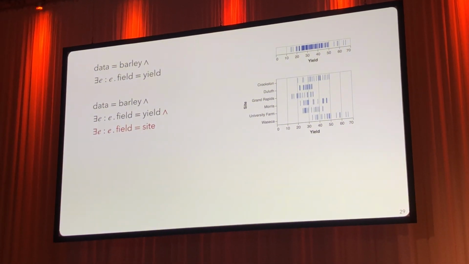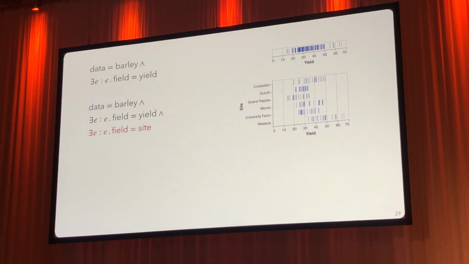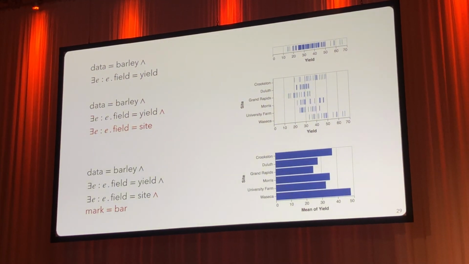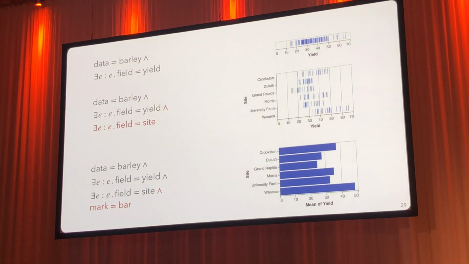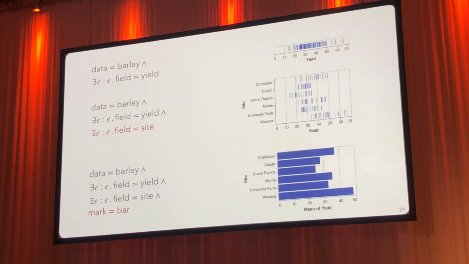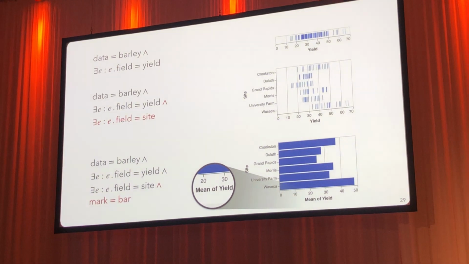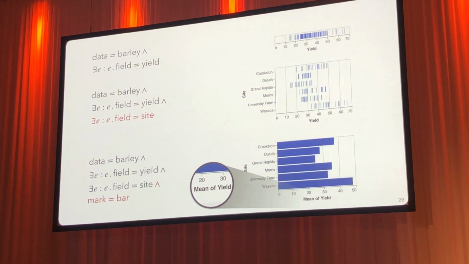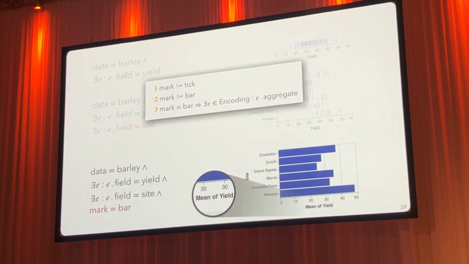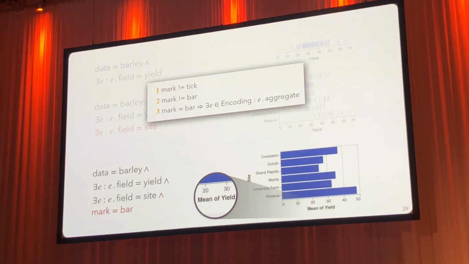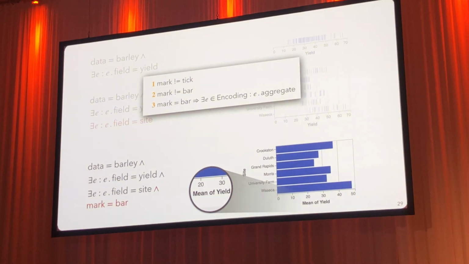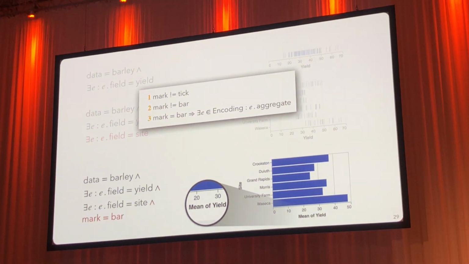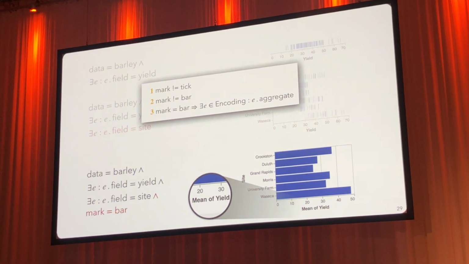Now we get this tick plot that's broken down for each site. If we then force Draco to switch to a bar chart, Draco again automatically prevents overlapping by adding an aggregation here. Similar to before, the cost of switching here from a tick to a bar is only 1, whereas the cost of having overlap would be 3. So the overlap is prevented again.